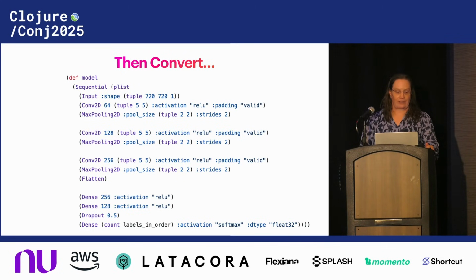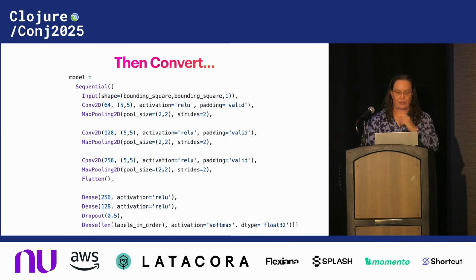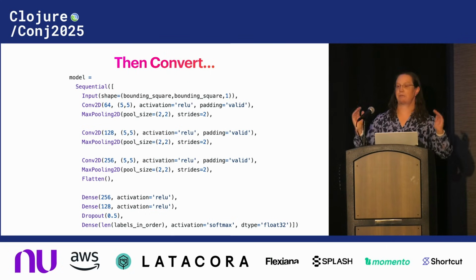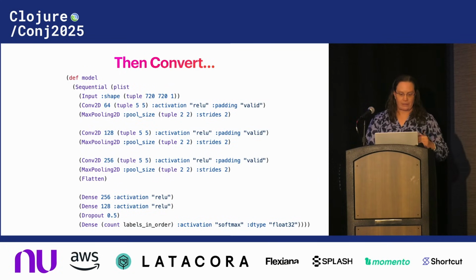So for instance, on that third line there, input has a shape argument, which is a tuple, 720 by 720 by 1. Previously in Python, that was shape equals, and then we set up a tuple in round parentheses. Once you've set things up, it's a relatively straightforward set of composition to duplicate what you had been doing in Python now in Clojure.